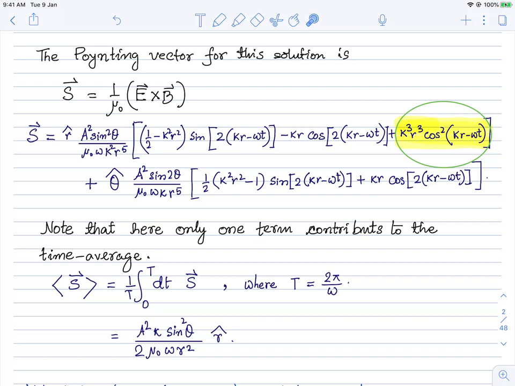There's some source that is giving rise to these waves. And these 1 over R terms in the electric and magnetic field are leaving the charge density and moving away from that configuration and moving out as electromagnetic radiation.